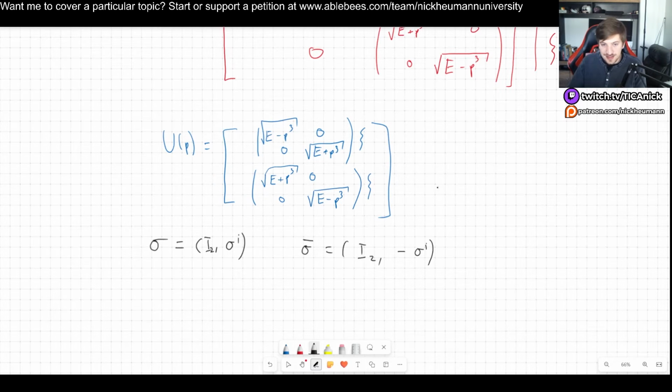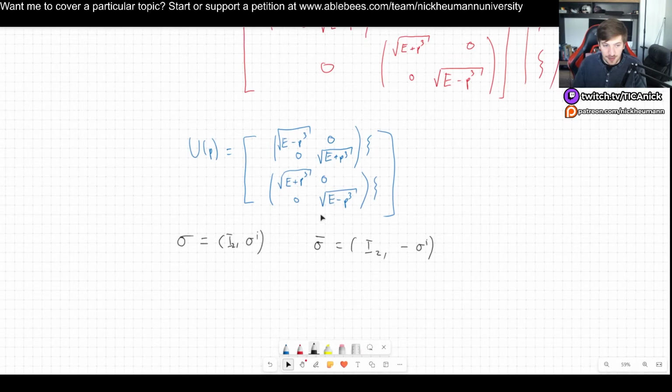So let's take a little bit of a look at something. If I have p, now thinking of the 4-vector p, dot sigma, what does this give us? This would be basically E, comma, our p's, our pi's, dot, our sigmas, so I2, comma, sigma i's.